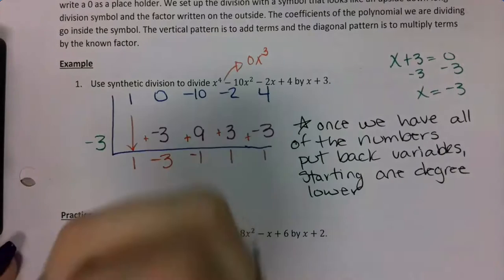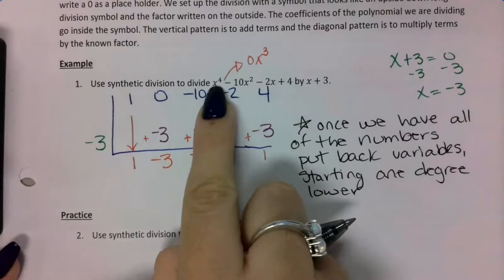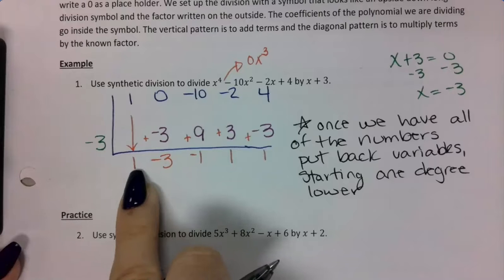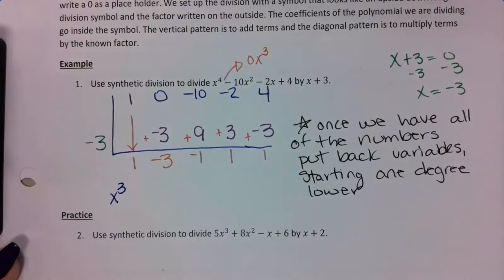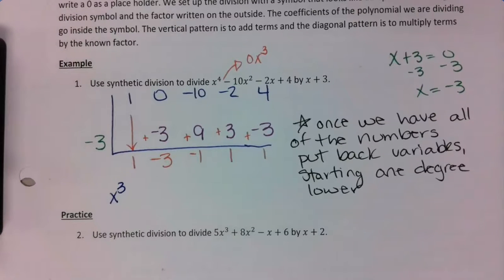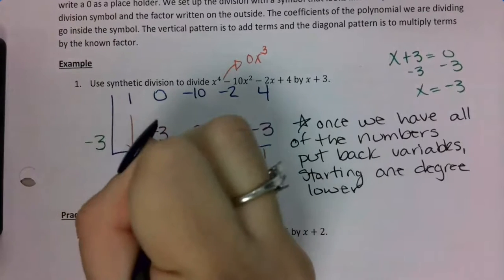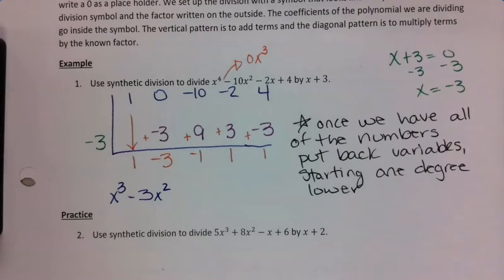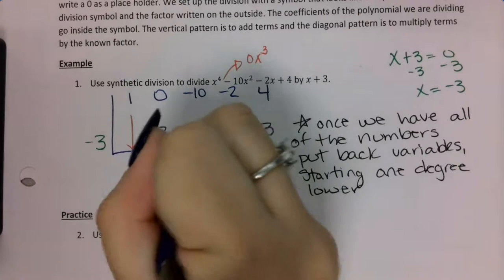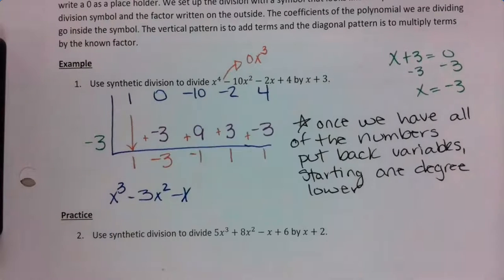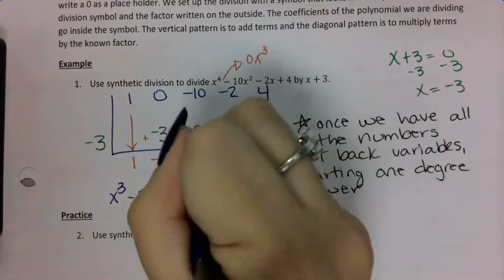My highest exponent originally was x to the 4th, so I'm going to put the 1 in front of x cubed, because that's 1 less. I don't need to write the 1 for x cubed, so I'm just going to write x cubed. Then my next term is negative 3x squared. I just count down with all of my exponents. My next term is negative x. Then I have a positive 1, which is just a constant here.